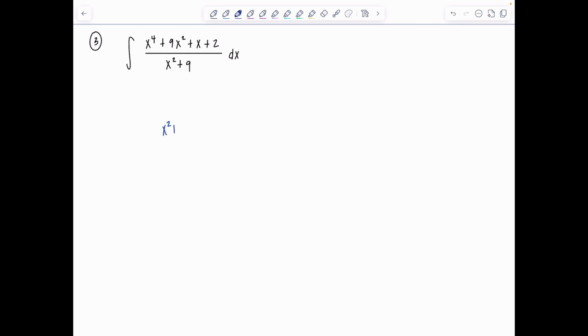So x squared plus 0x plus 9 into x to the fourth plus 0x cubed plus 9x squared plus x plus 2. All right, again, what do you multiply x squared by to make it x to the fourth? X squared. Then distribute the x squared to the divisor, so that'll be x to the fourth plus 0x cubed plus 9x squared.